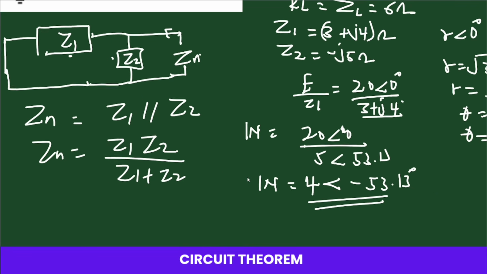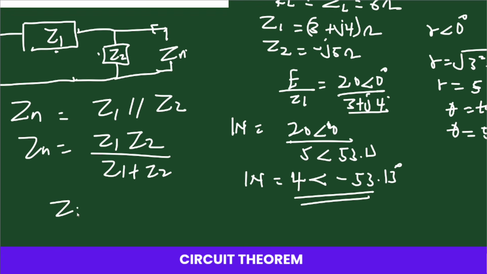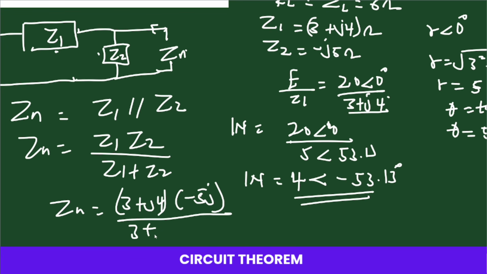Okay, so let's rewrite all the values. So Zn will be equal to, what's the value of Z1? Z1 I wrote it somewhere, 3 plus J4, right? Okay, we have 3 plus J4 multiplied by minus J5, all divided by the sum, that's J4 plus minus J5.